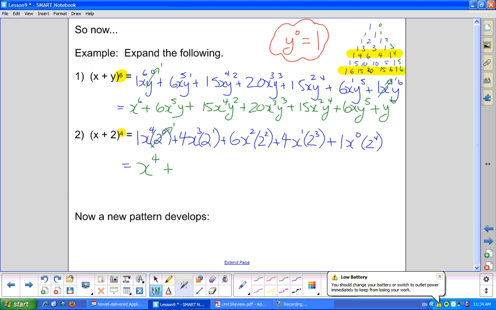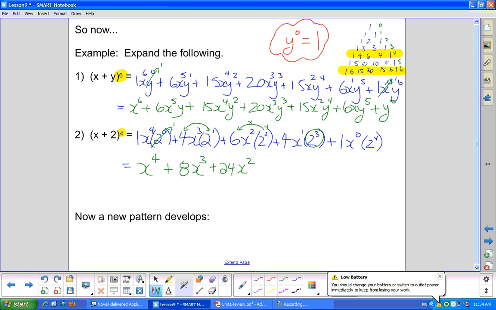Now in this case, 2 to the exponent 1 is 2. You need to multiply the like terms, the numbers, so 4 times 2 is 8. So we get 8x cubed. 2 squared is really a 4, so 4 times 6 is 24x squared.